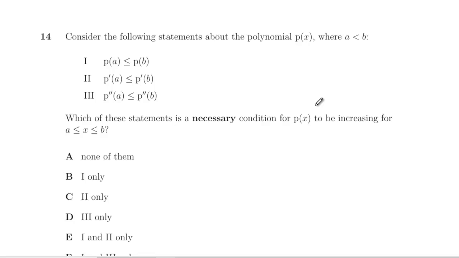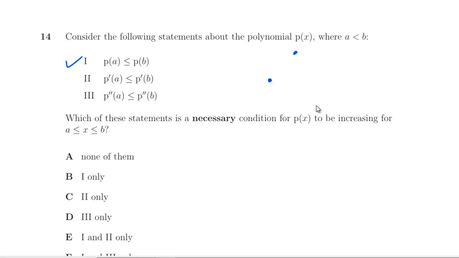Consider the following statements about the polynomial p of x. A is less than b. So the value, the gradient, and the rate of change of gradient are all less at A than they are at B. Which of these statements is a necessary condition for p of x to be increasing between those values? If it's going to be increasing, we have to end up on something higher. So we are going to have the first one. Then what can we say about the gradient? Does it have to be less?